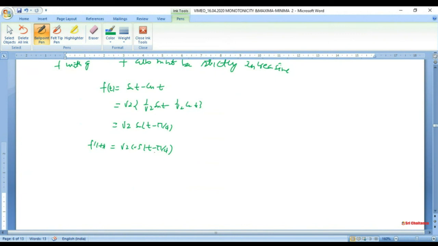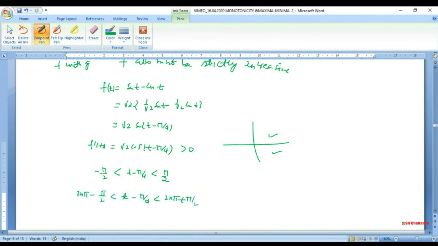If you want to solve this, that this is positive, this means that the angle must be in this quadrant and this quadrant. So we will write −π/2 < t − π/4 < π/2, and we have to add 2nπ because the period is 2π. So 2nπ − π/2 < t − π/4 < 2nπ + π/2.